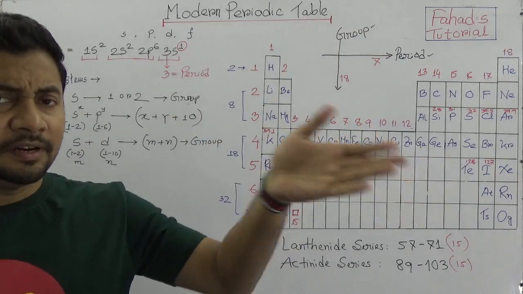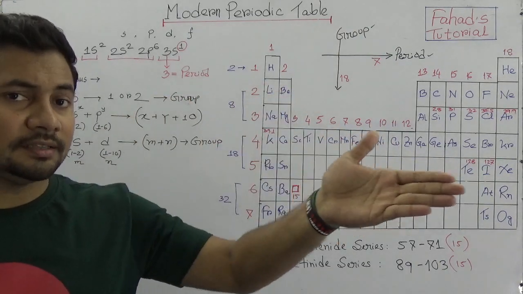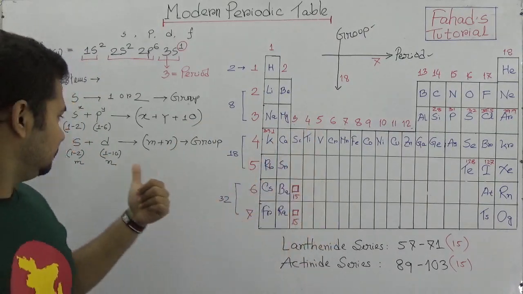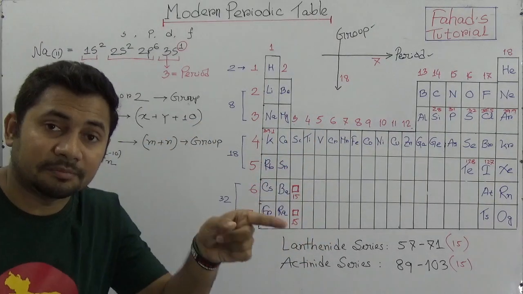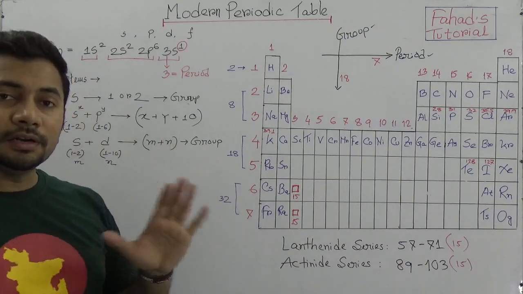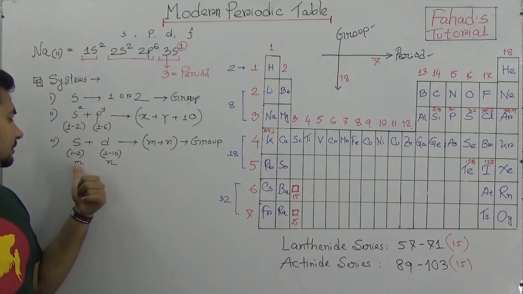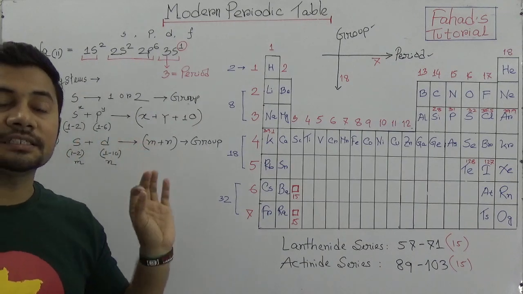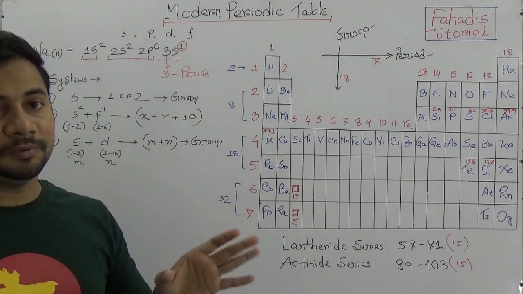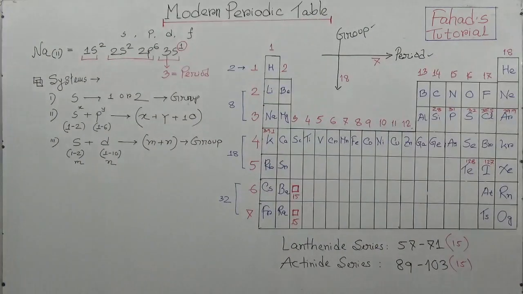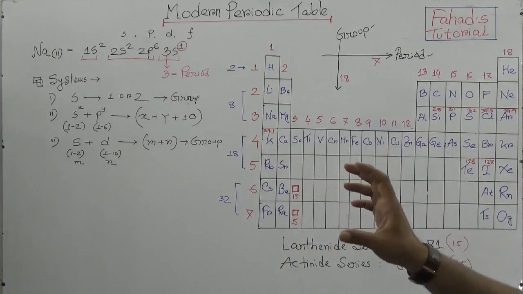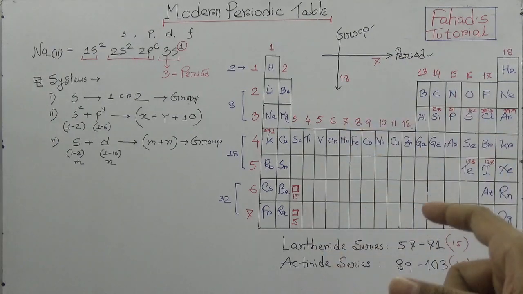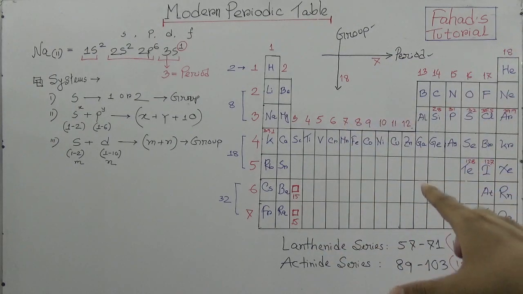The p orbital would definitely come after s is 2, and then we add plus 10. In case of s and d orbital, we only use the number of electrons in s and d orbital, and that sum is the group number. So I think you understand the primary technique to identify the group number and period number.